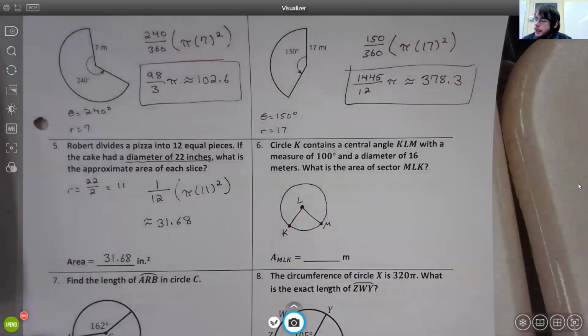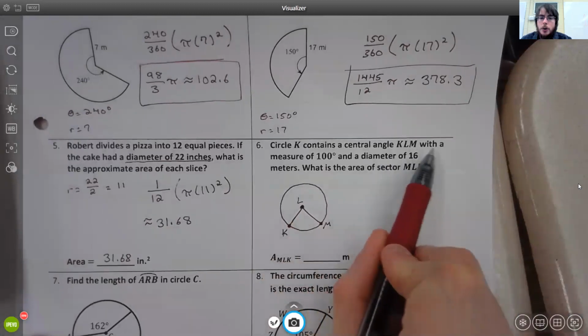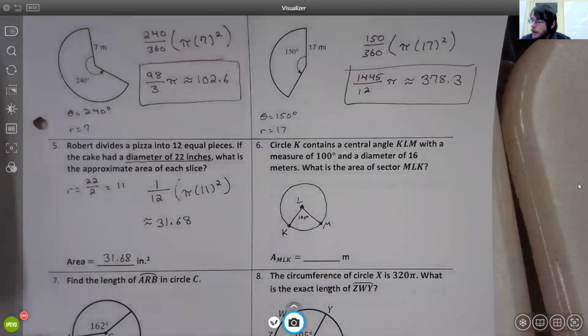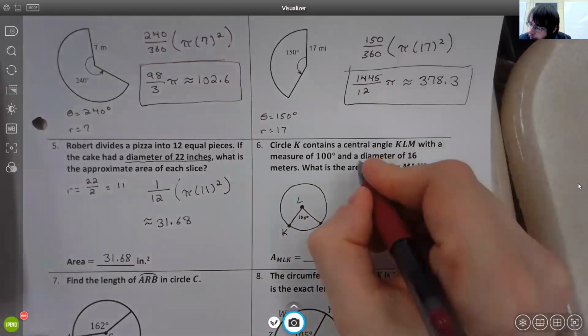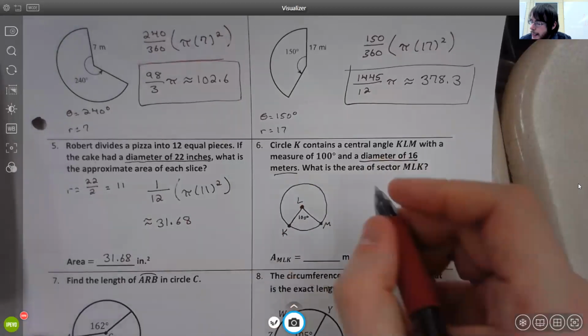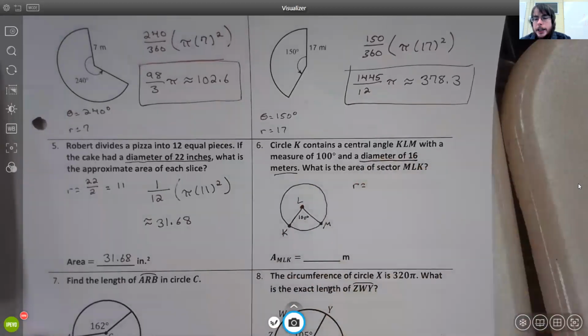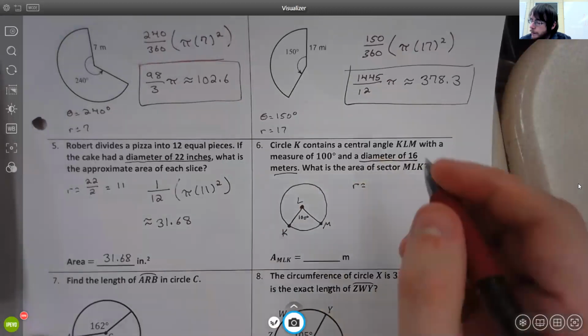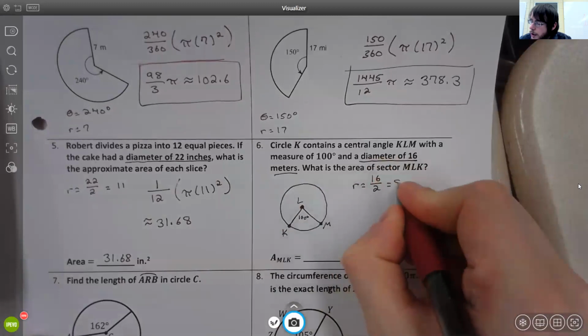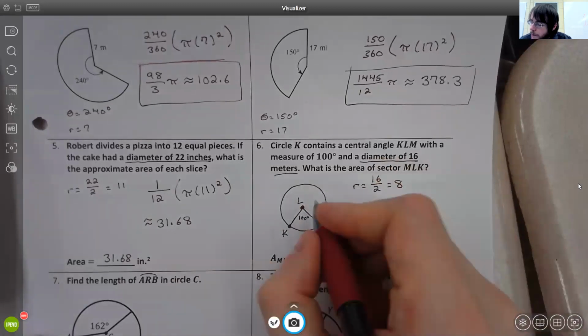Okay, and it says that we have a central angle with a measure of 100 degrees and a diameter of 16 meters. Well, if our diameter is 16, remember we need to find our radius, not our diameter. So the radius would be 16 over 2, which is equal to 8.